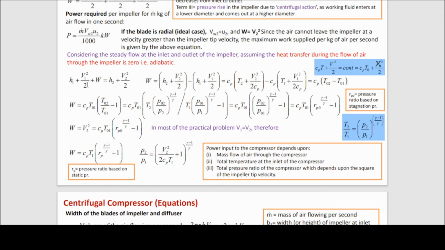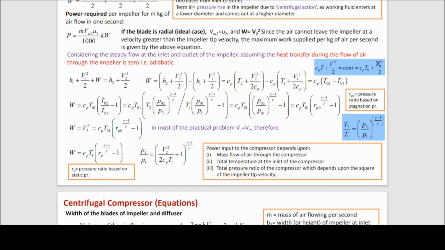I have taken this whole term to the right side, and what is H, that is Cp T. So I have taken Cp outside, and this is T2, and I have divided by Cp here. This is V2 square by 2 Cp. Again the same thing happens here. So T2 plus V2 square by 2 Cp, which is the kinetic energy part.